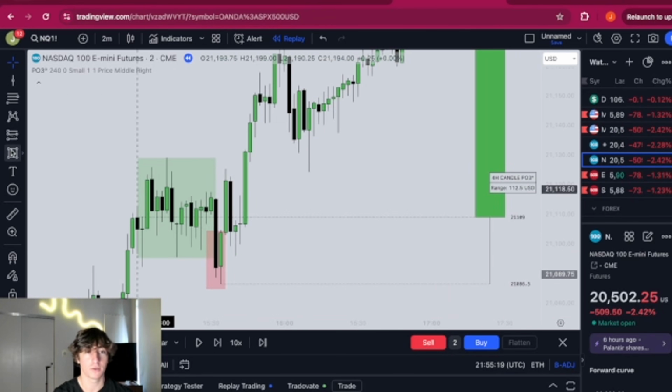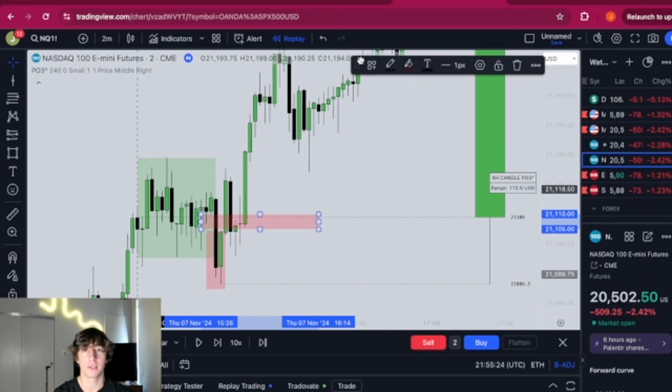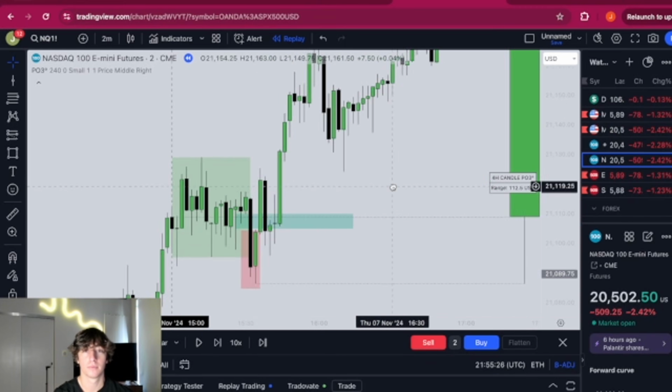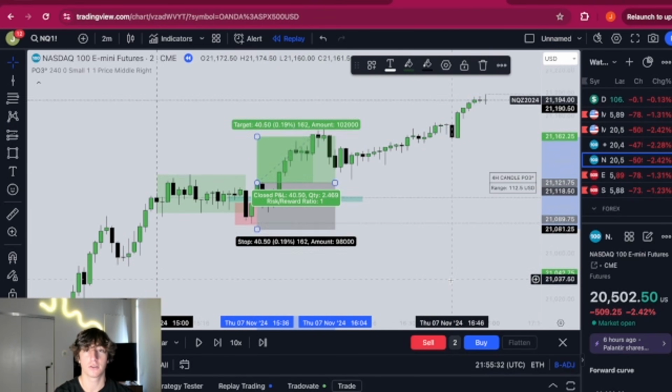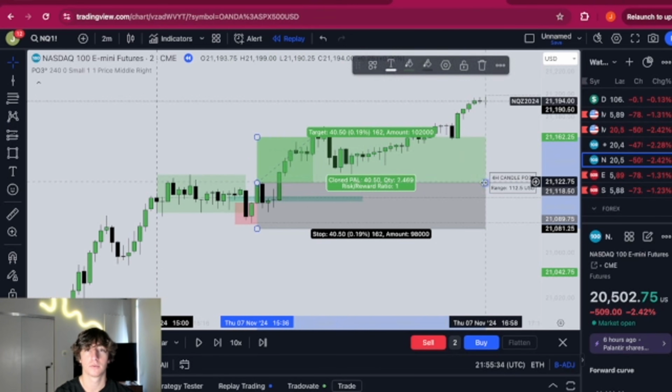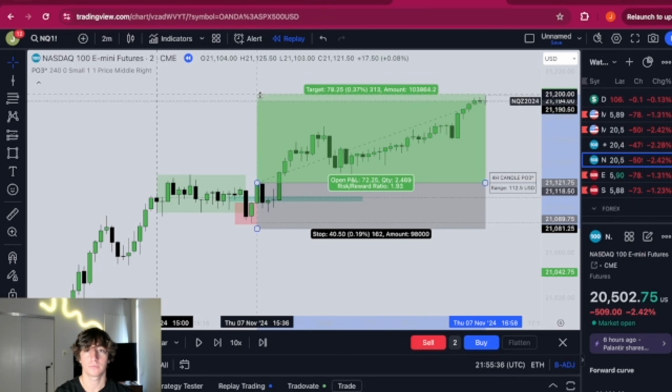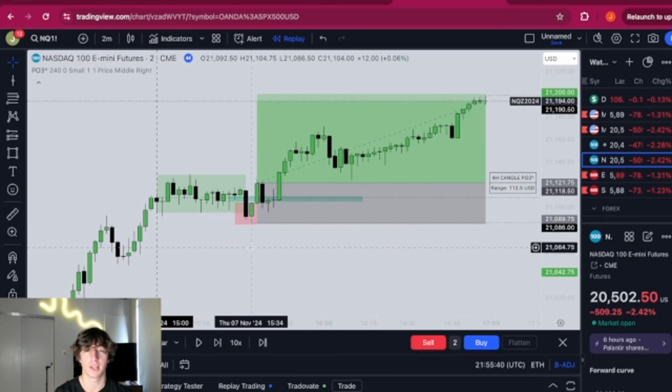And then what sort of entry confirmation did we get? An inverse fair value gap right here. Right when we close, that is when you go long and you're catching the distribution. Trading the whole movement of that 4-hour candle, stop loss just lies right at that low.